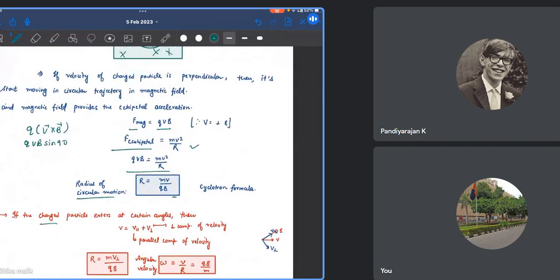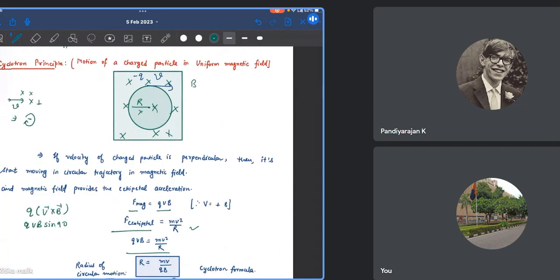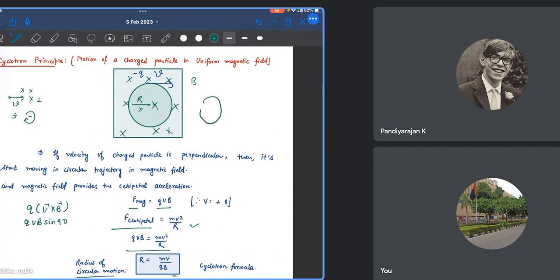But if your particle has both a component parallel to the field and a component perpendicular to it, then it will move in a circle because of the perpendicular component of velocity, while the parallel component of velocity will move it in the direction of the magnetic field. So it will move like this.